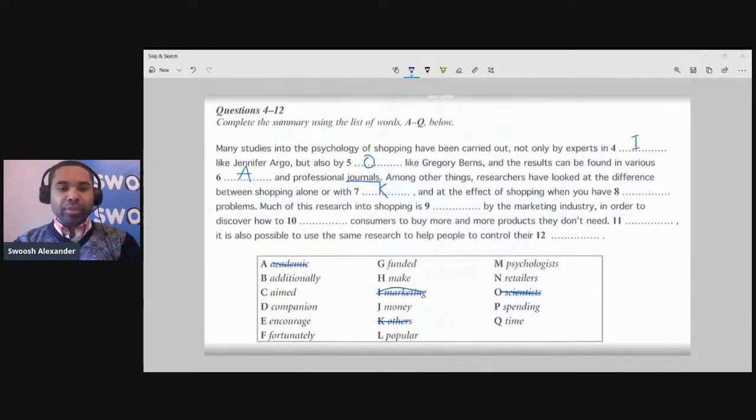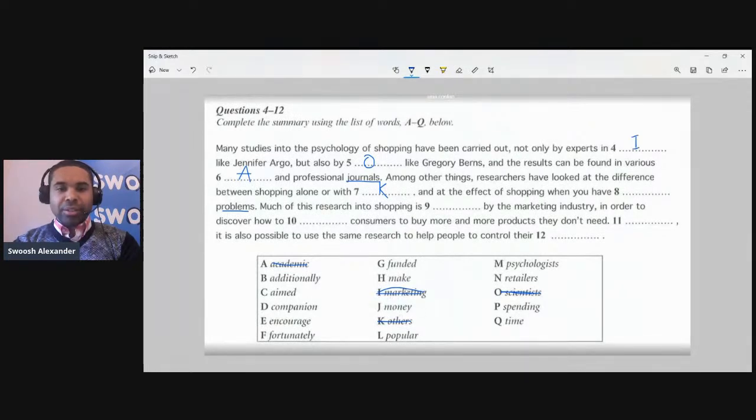Okay, and moving on. Next we have the effect of shopping when you have something problems. What type of problems could we be looking at here? We need a word which will collocate with problems.